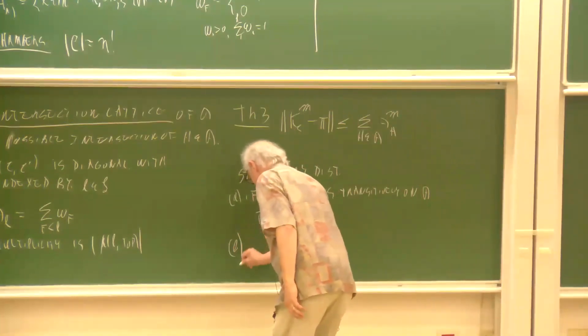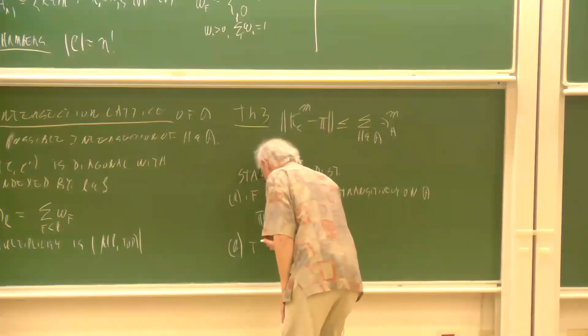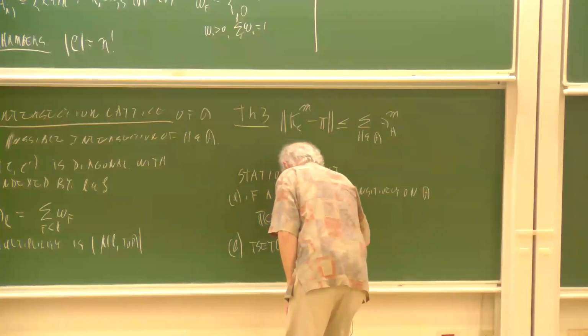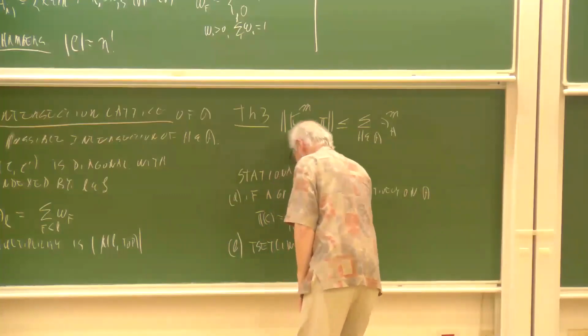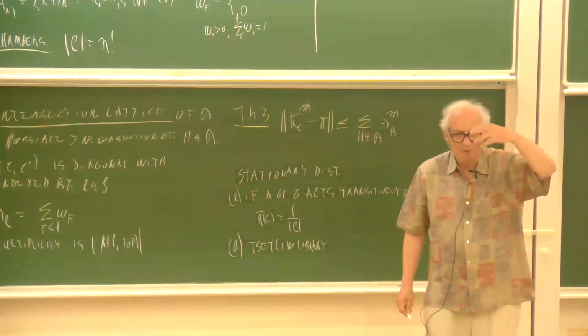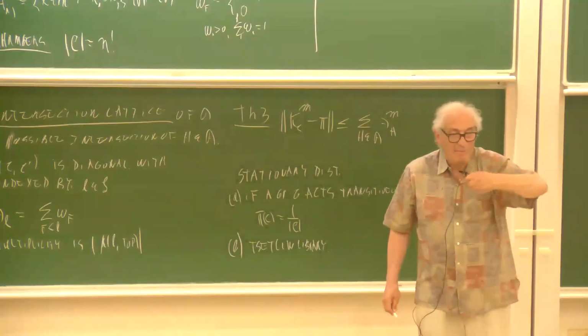B, it'll be helpful for the general case. Let's do the Tsetlin library. So remember, the Tsetlin library is each card has a weight, and then each time you pick a card with probability proportional to its weight and move that to the top.